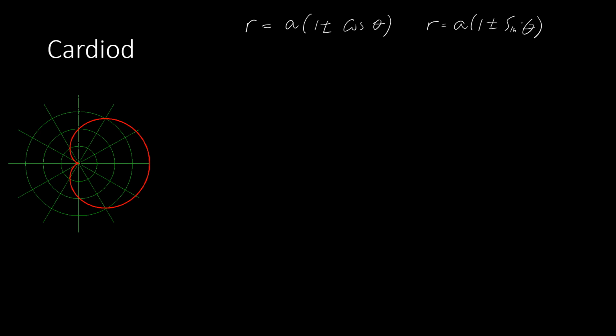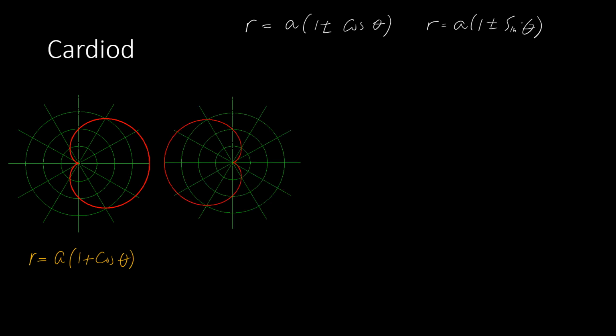The equation of a cardioid may take any of the following forms. R is equal to A times 1 plus or minus cosine theta, or R equal to A times 1 plus or minus sine of theta. So for this one, the equation is R equal to A times 1 plus cosine of theta.